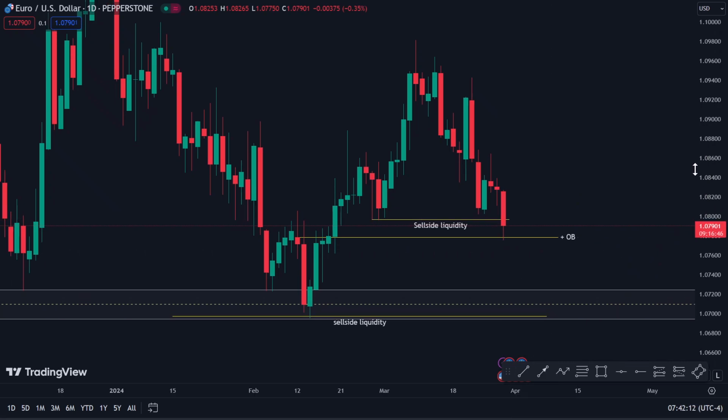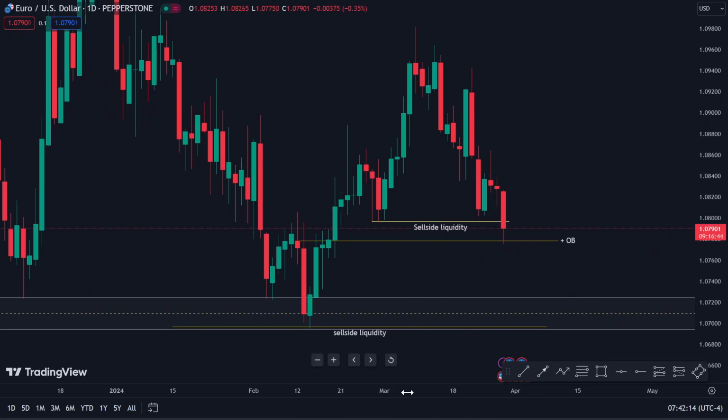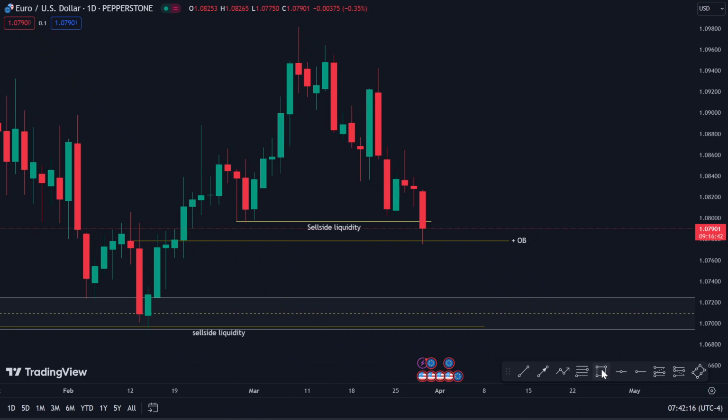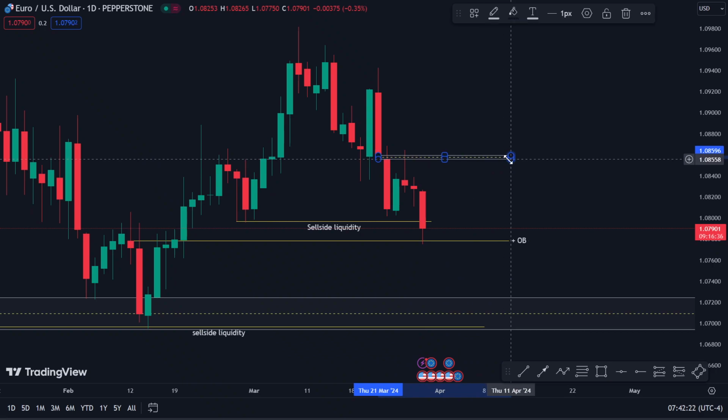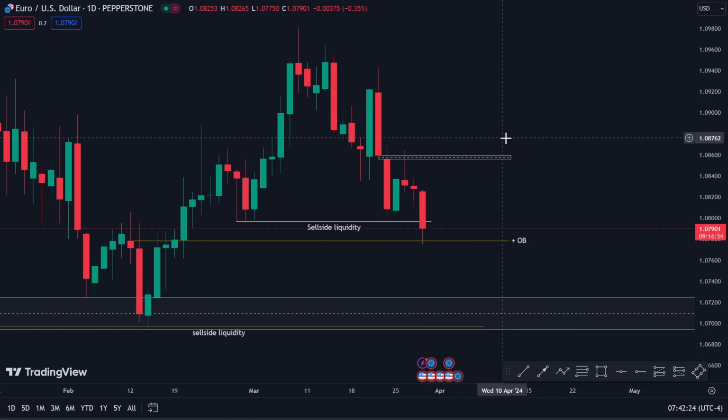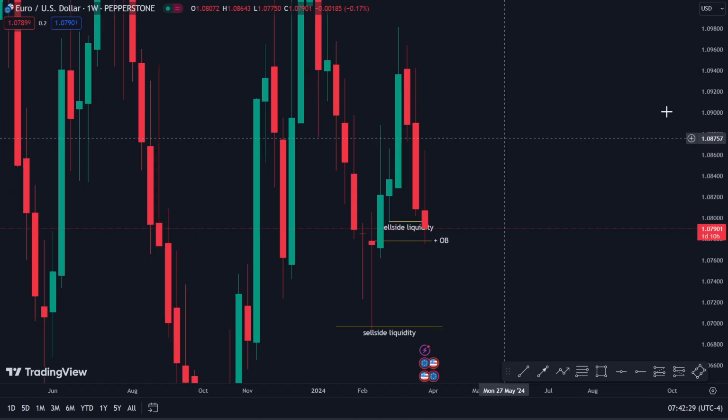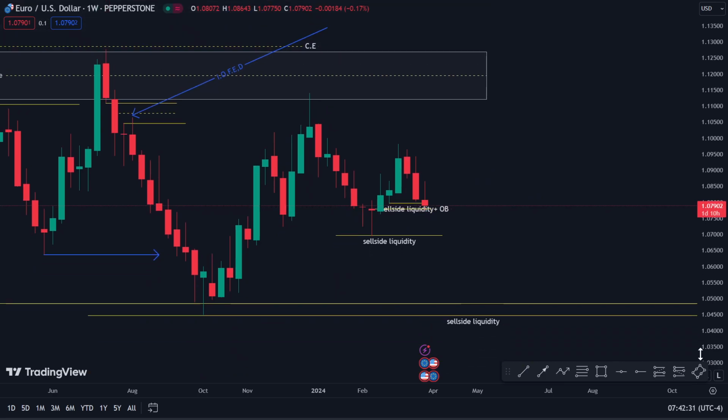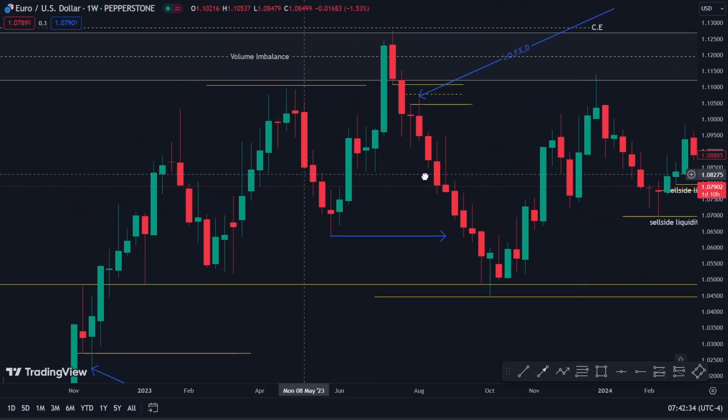And here, look at what we have here. What do we have here, friends? Look at this. This is a volume imbalance. Remember, from our weekly, we equally had a volume imbalance. Remember this, friends?